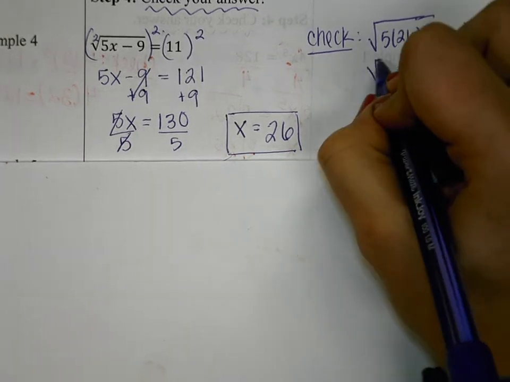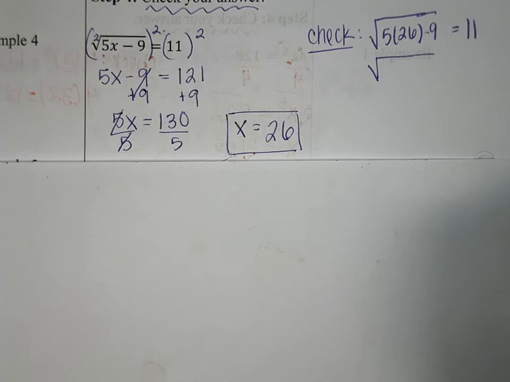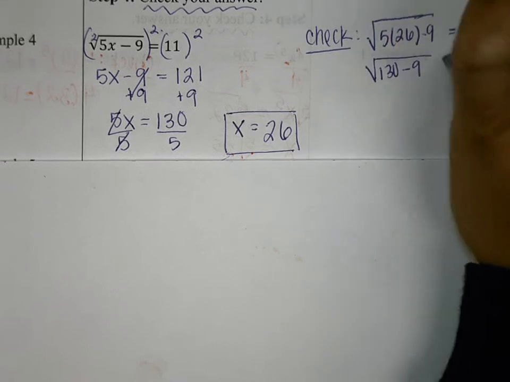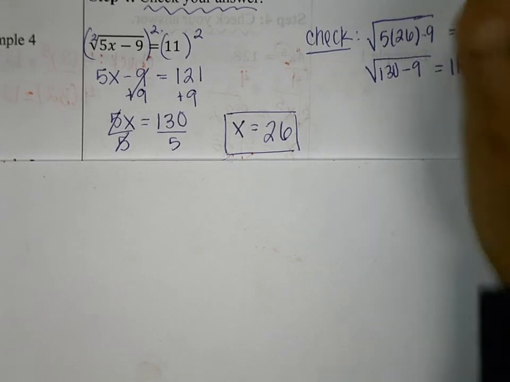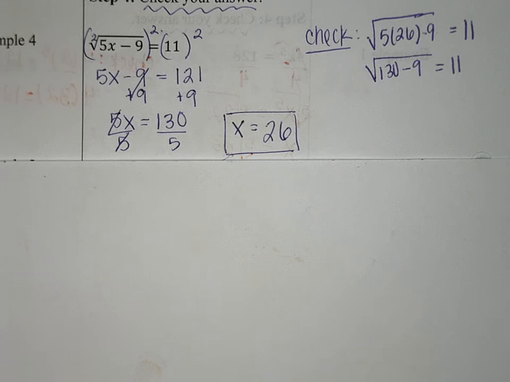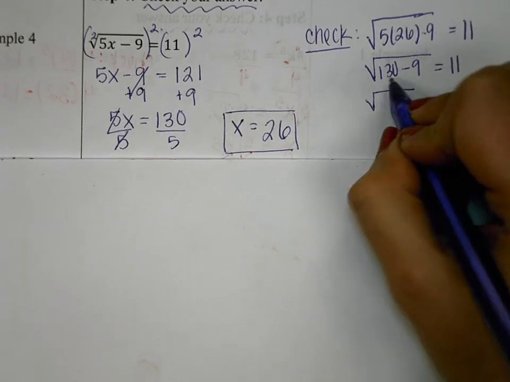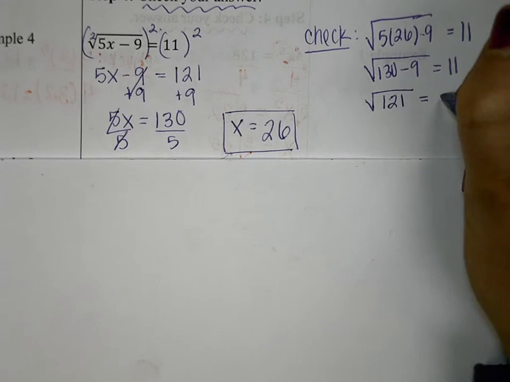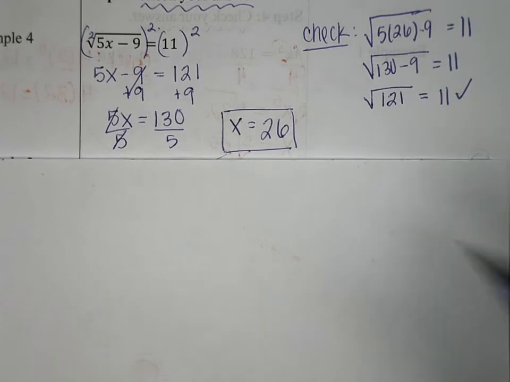Five times 26, so that is the square root of 130 minus 9, and I want it to equal 11. And the 130 minus 9 gives me the square root of 121, and the square root of 121 is 11. So that's what we wanted, so we got the correct answer.